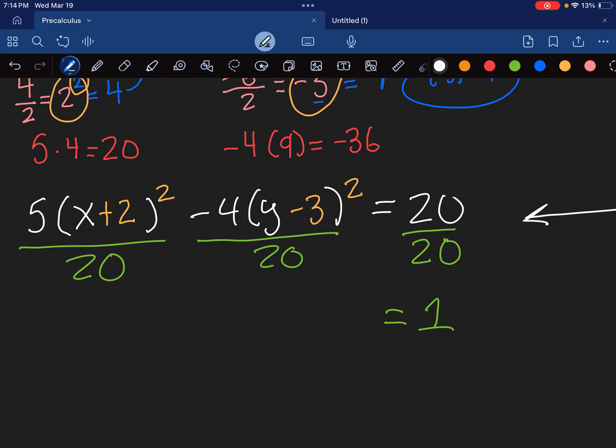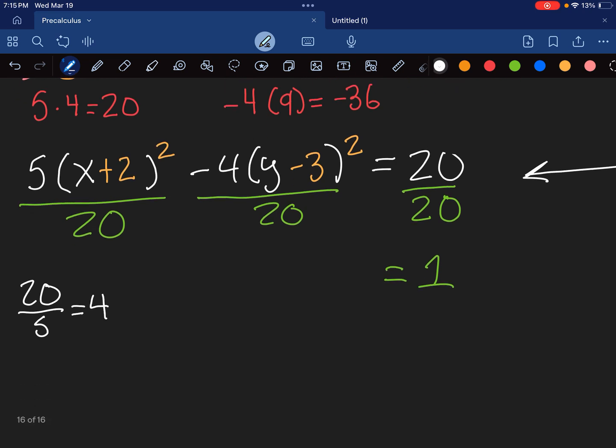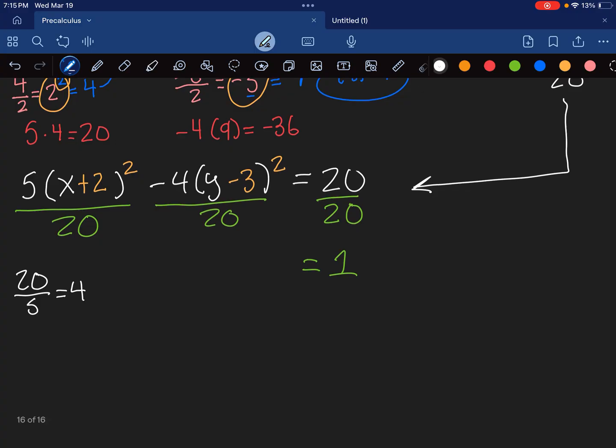Okay, so now that we got that, we're just going to simplify this. So we know that 20 divided by 5 comes out to 4. So we're going to bring this equation down, x plus 2 squared over 4. Okay, so we got that part.